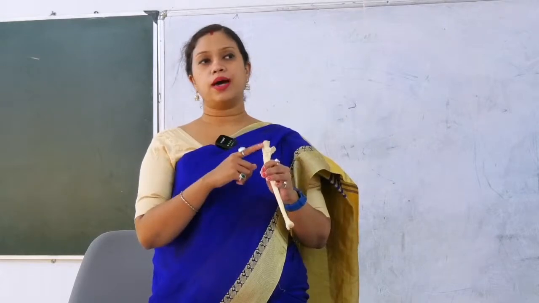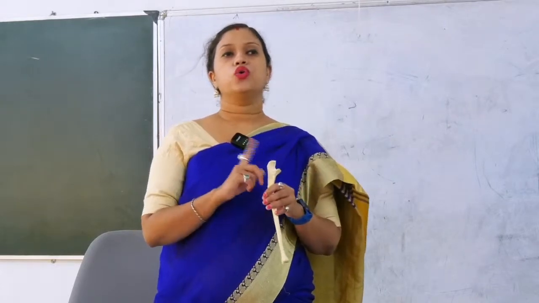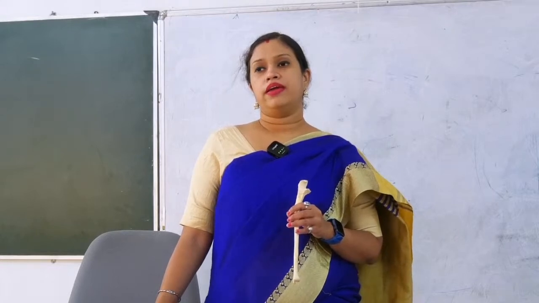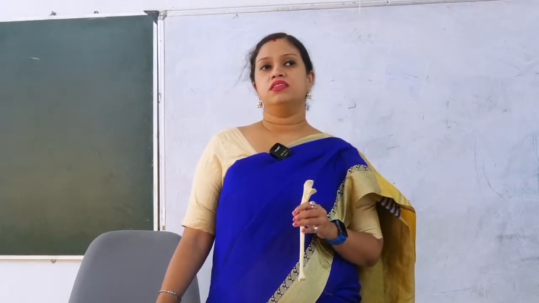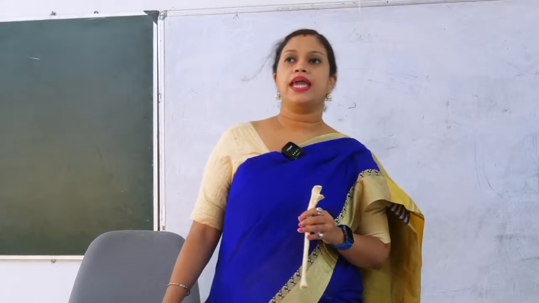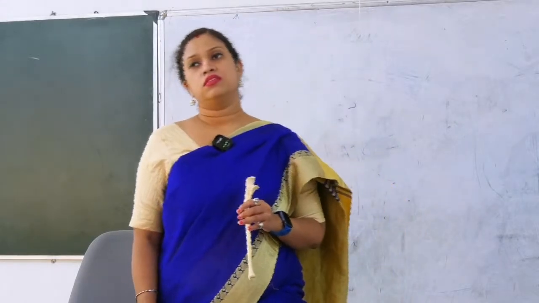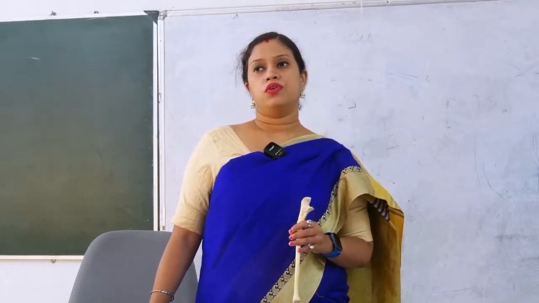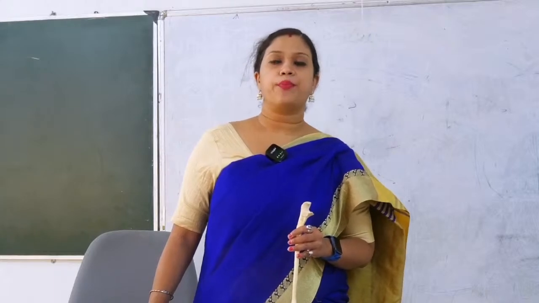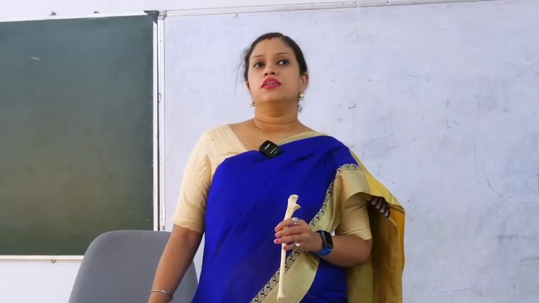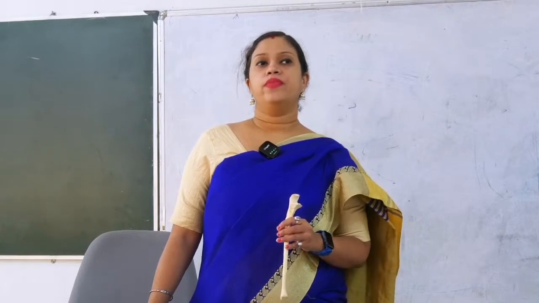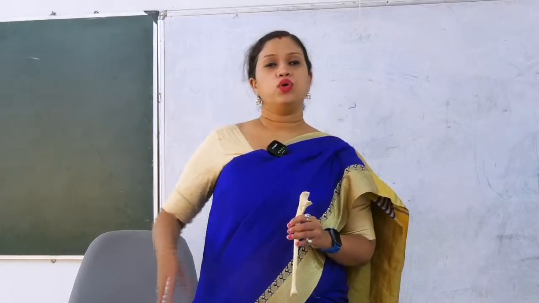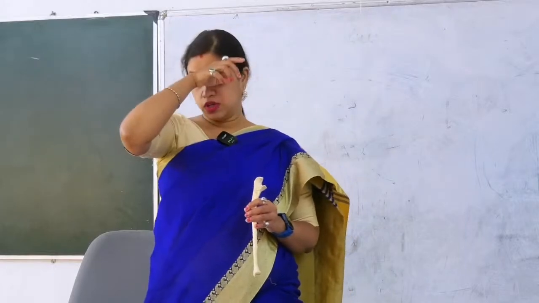There are two, one in the upper end, one on the lower end. So the one on the upper end appeared during eight years, fused during 18 years. And the secondary center appeared during 6th year of life and fused during 20 years.